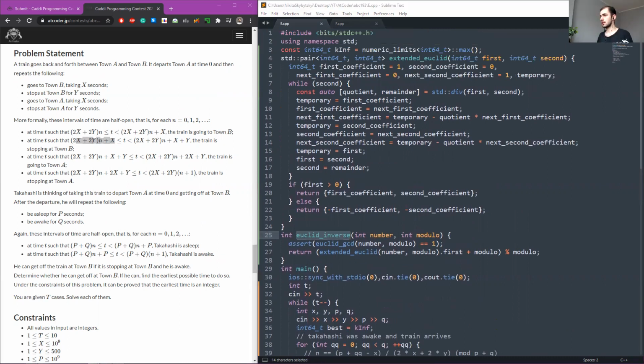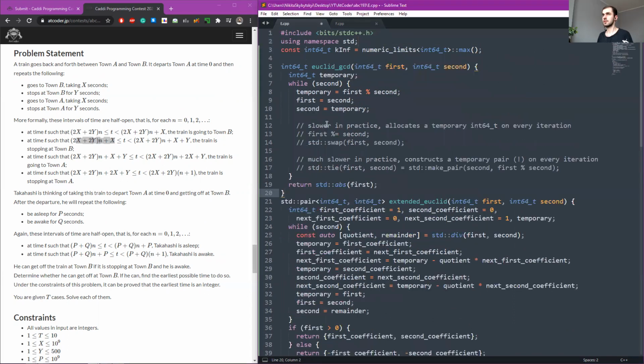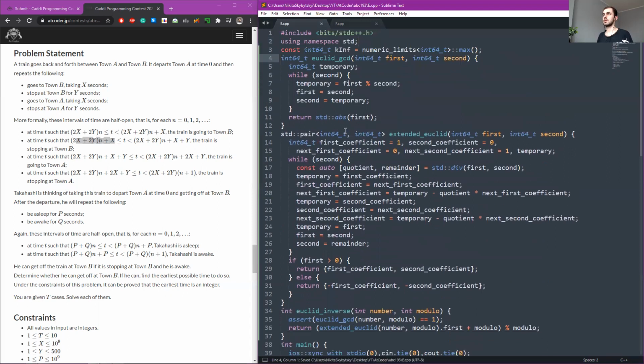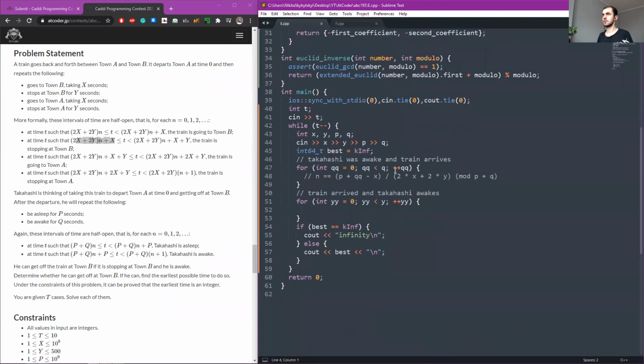We'll just take Euclid GCD because we'll also need it. Yeah, I think everything is long integers here. So that's what we have to do now.